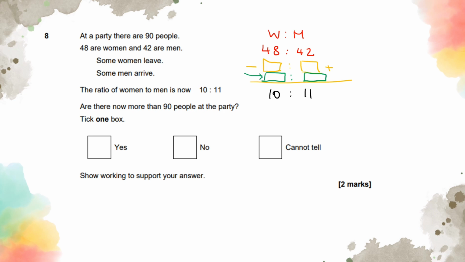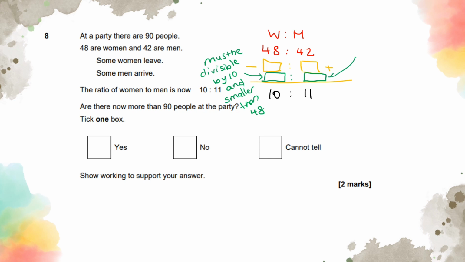This must be divisible by 10 and smaller than 48 because it says this many people left.